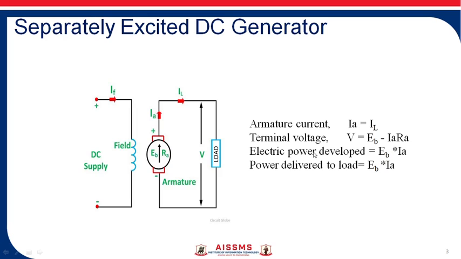Then electric power developed is EB into Ia, and power delivered to the load is EB into Ia. So this is the separately excited DC generator, in which a separate DC supply is applied to the field winding.